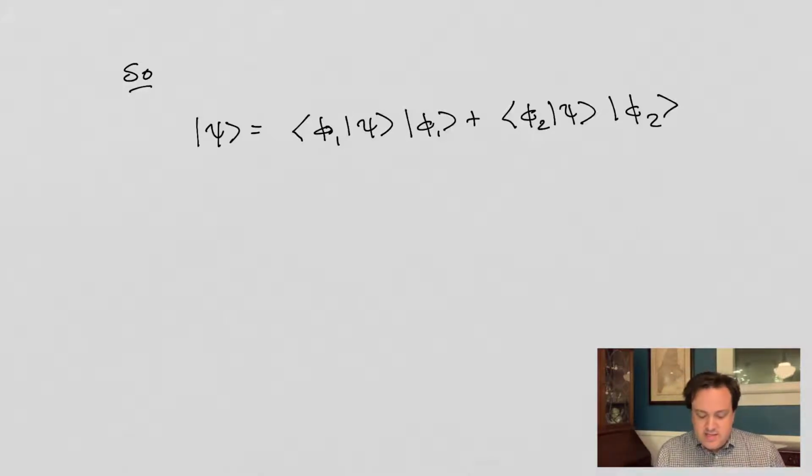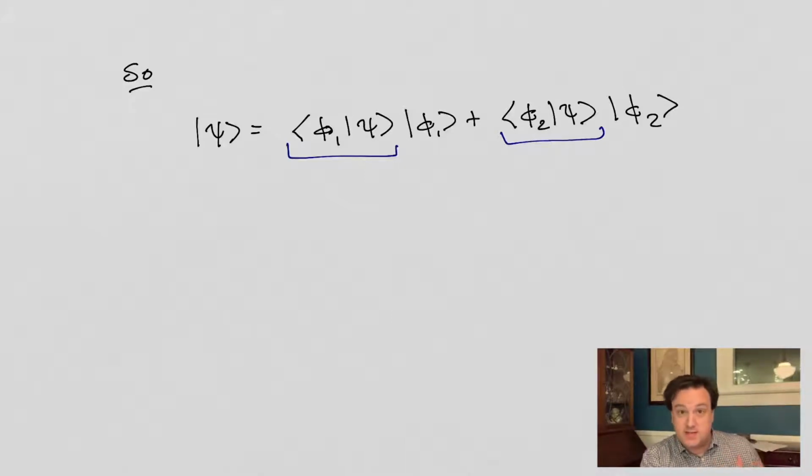But this is okay. It's exactly the same thing I had in the previous slide, except now it just seems to have more terms. But I do want to remind us that these inner products are just scalars. I have them in front of the state just because that's the way I had them before, but there's no reason not to move them after the state.